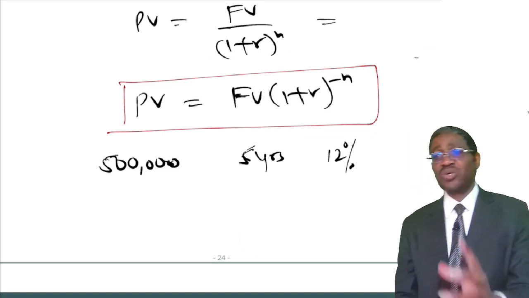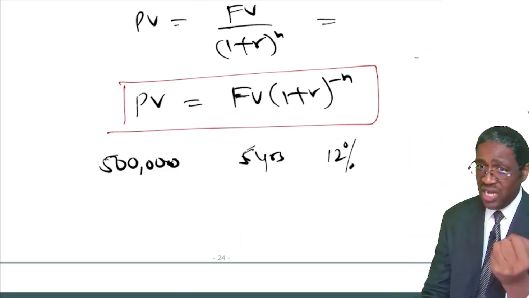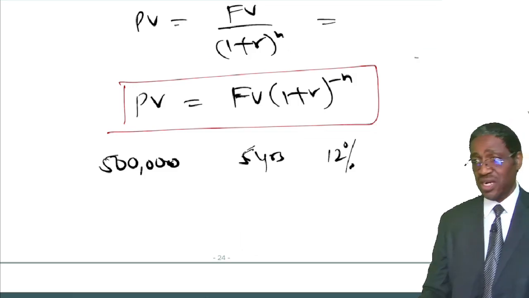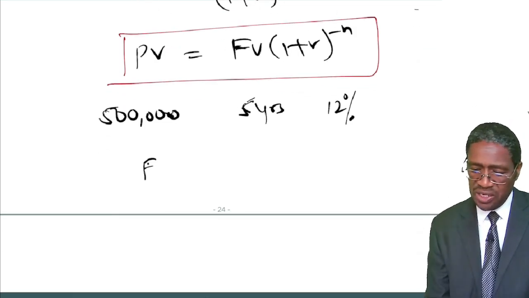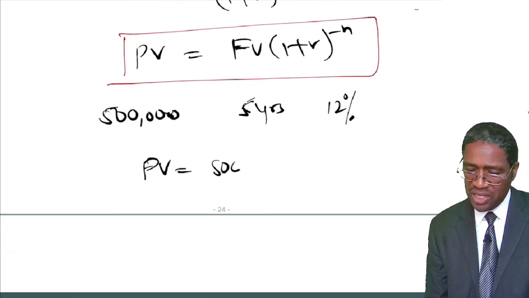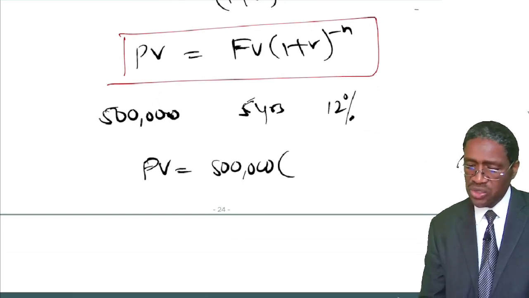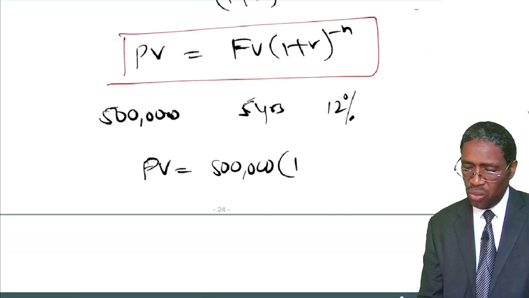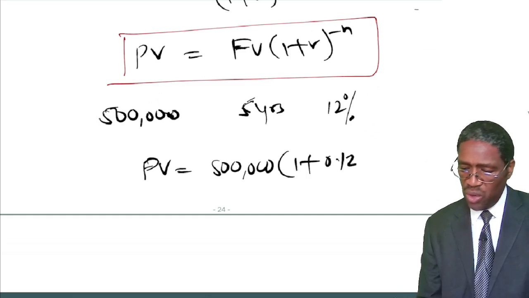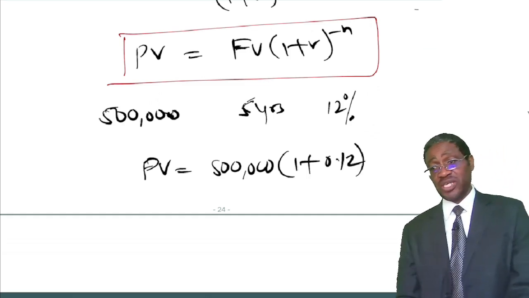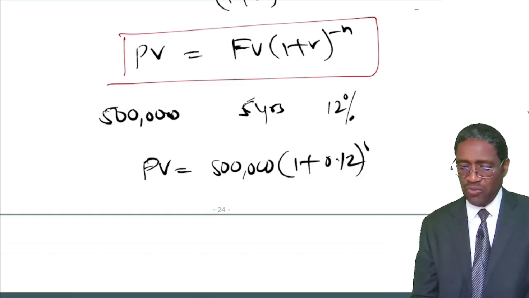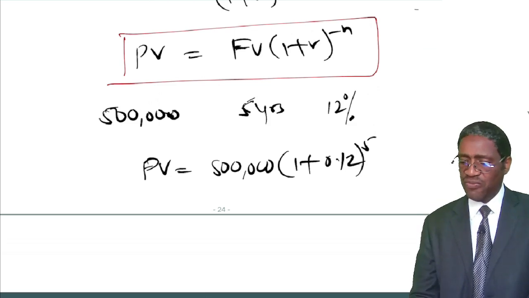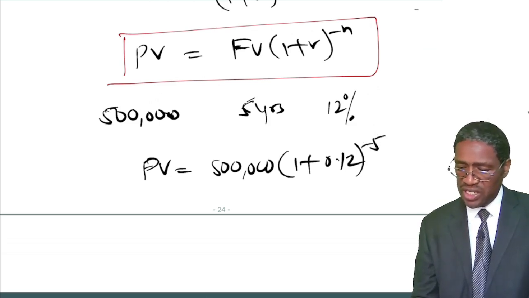So you get what we are calling the present value of this 500,000. To get that present value, it will be 500,000 into 1 plus 0.12, because 12% expressed that way is 0.12, to the power of negative 5.